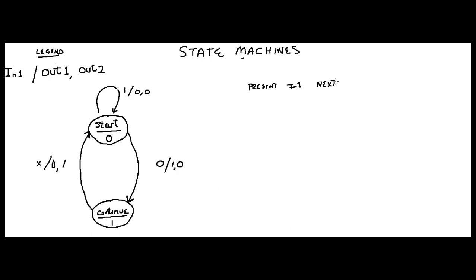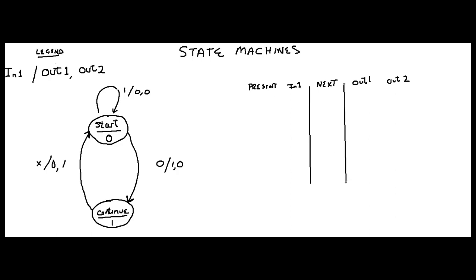And for each transition, you have two outputs to contend with, so you're going to have out 1 and out 2. So remember, your present state and your input are going to be a driving factor. I'm going to put a line there and a line here too.